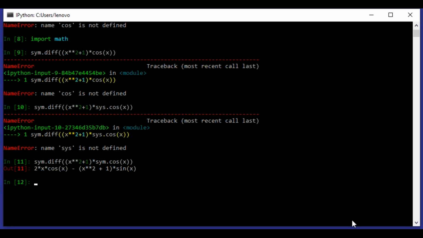For example, take this example. I will type here x square minus 3x plus 5, put it in a bracket, raised to 3.